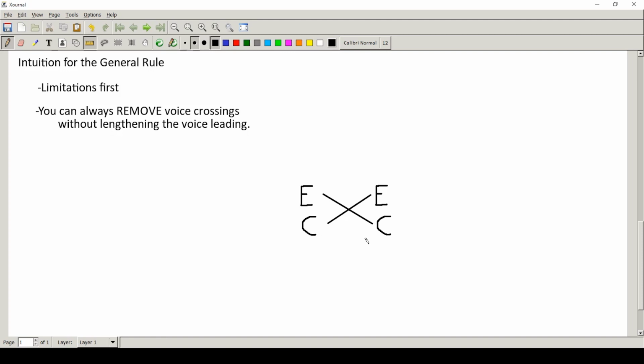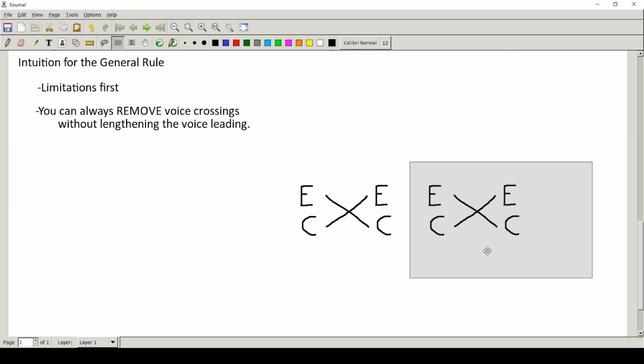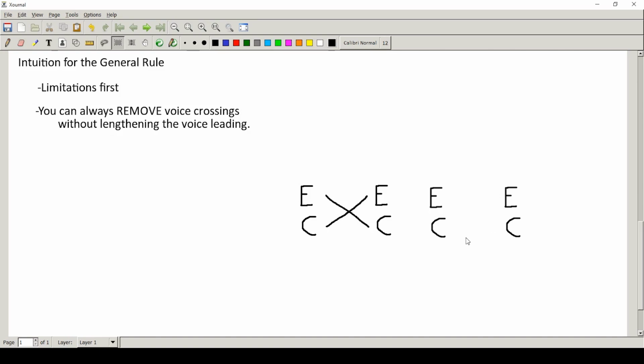Now, the intuition behind the rule is the following, that overall doing this is the same overall amount of motion as doing this. Let's imagine that we had C sort of go up halfway and then decide to turn around. So it comes back down. E goes down a ways, bumps into C, and then decides to turn around.